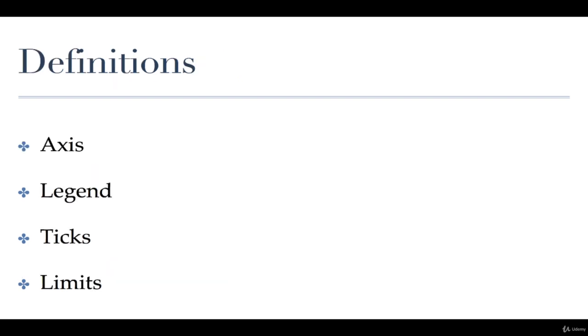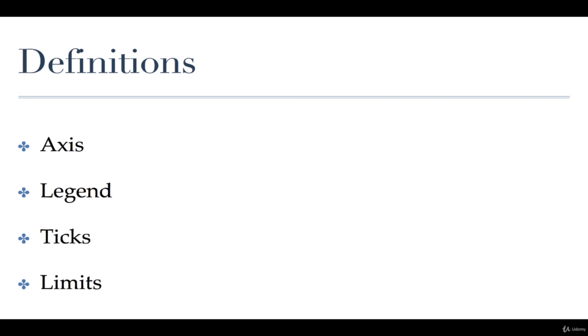So with our definitions, remember an axis is either the horizontal or vertical line that is representing values that we then place onto a graph. In a scatter plot, the y and x axes are determining our Cartesian coordinates, but in other graphs they mean different things.